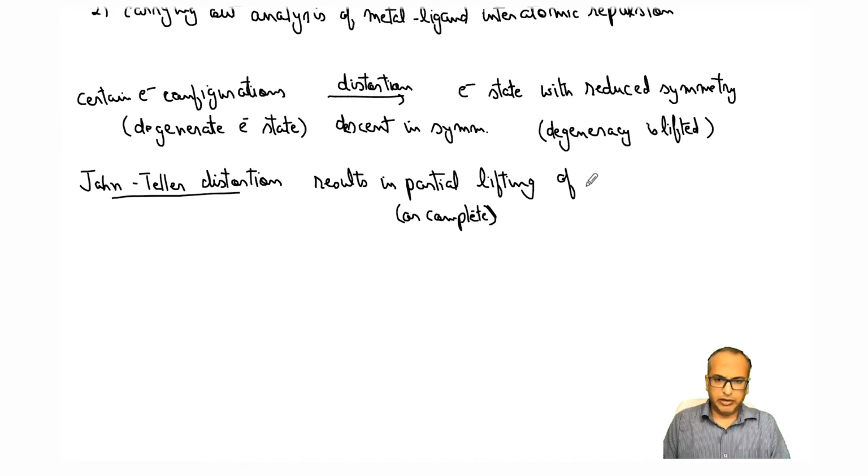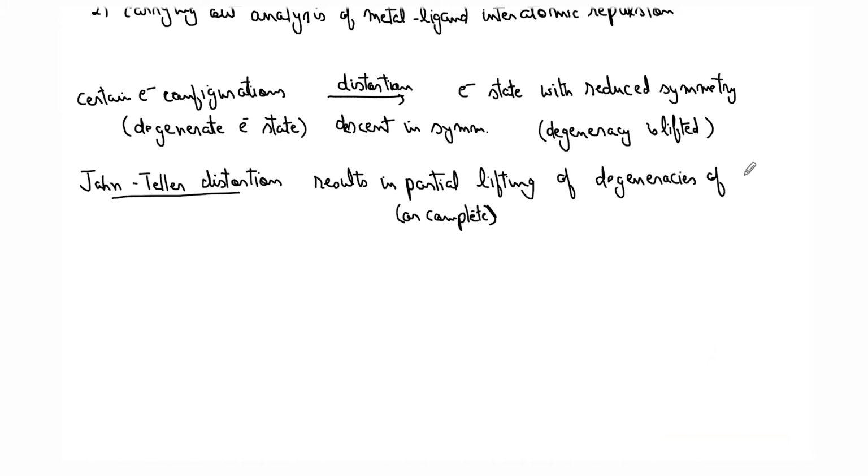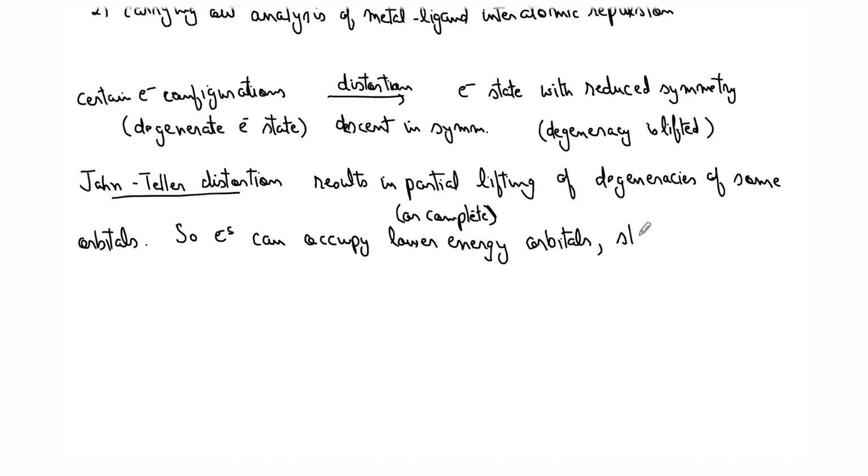So when this happens, electrons can occupy lower energy orbitals, and in the process it stabilizes the system. So overall energy of the system is decreased.